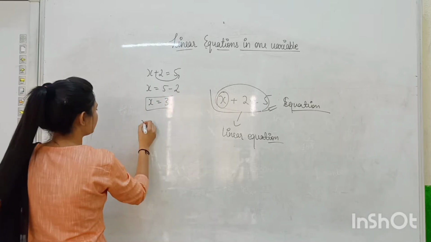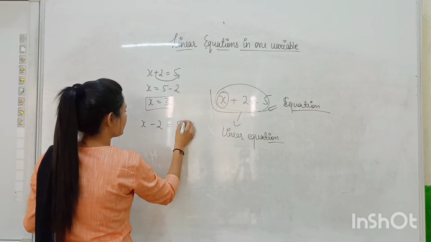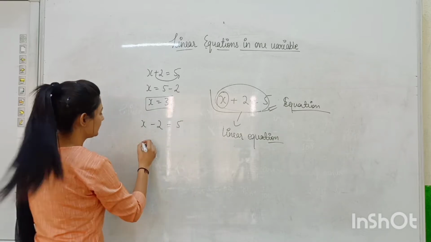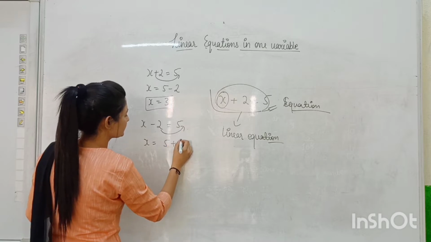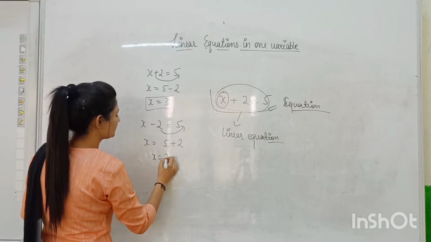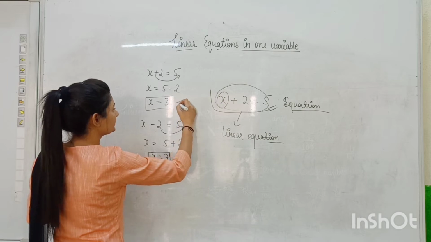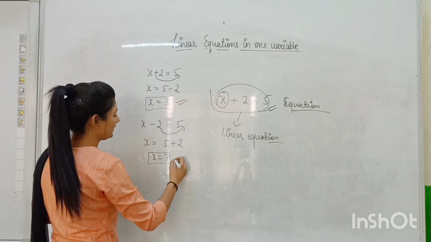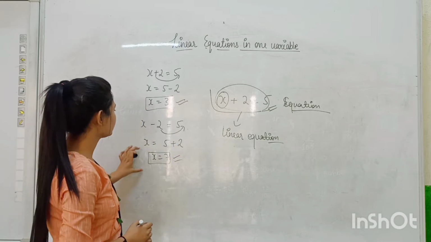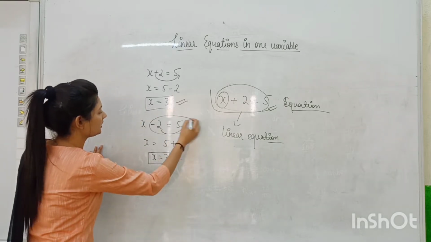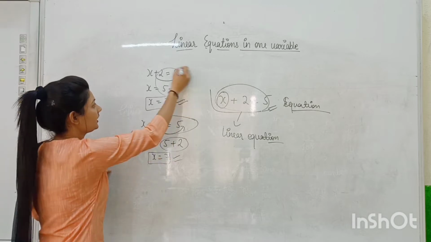Now if this is written like this, x minus 2 is equals to 5, this minus 2 will go in the right hand side and this will be positive. x is equals to 7. See here, the value of x was 3 and here the value of x is 7. So the value of x is dependent on other numbers which are given in the equations.